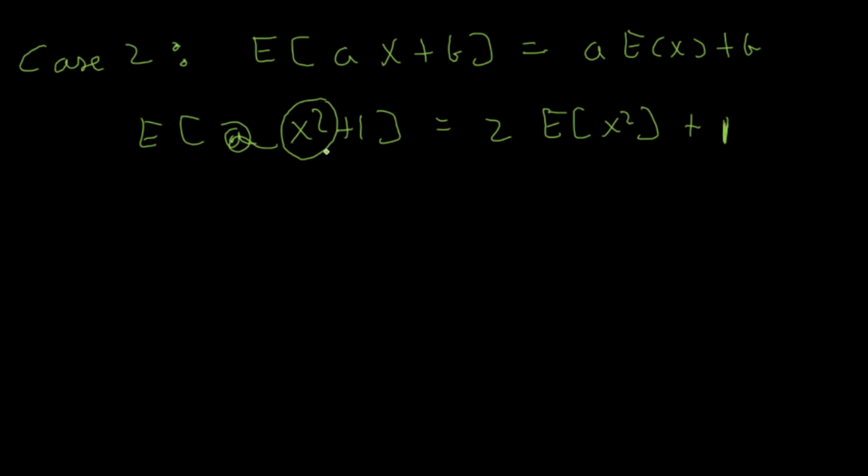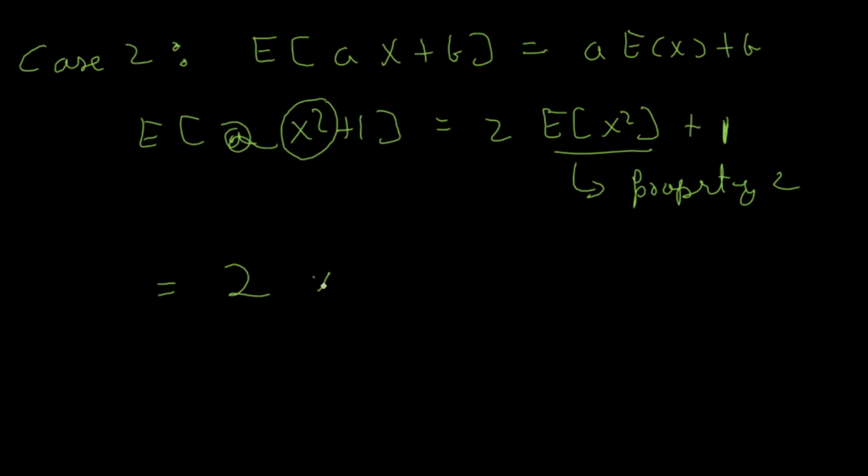Here instead of x we have x square, but I have written expectation of x square. How is that? Because we have used property number 2, that to calculate expectation of G(x) we just need to replace G(x) with x in formula of expectation of x.